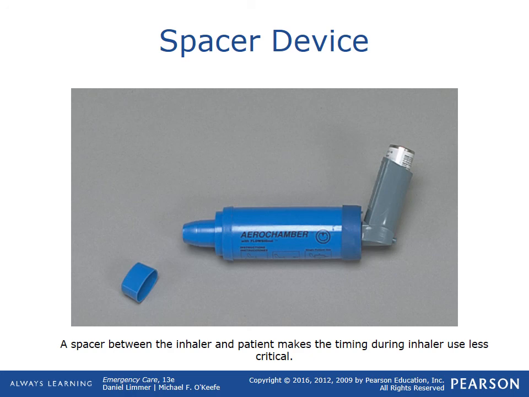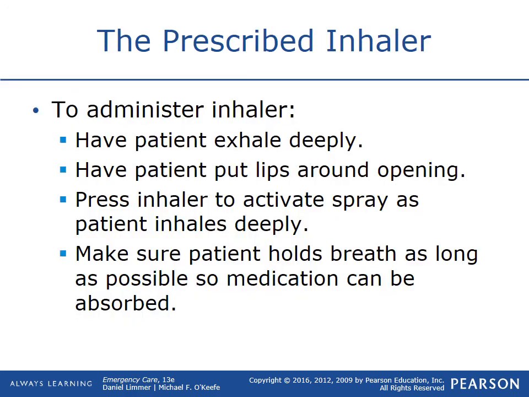Then at your convenience, you can inhale the mist from the chamber. So to administer the inhaler, get the patient comfortable, have them put their lips around the opening, press the inhaler at the same time, and coach them to take a deep breath as deep as they can, and tell them to hold that breath. So that gives the medication time to seep down in.